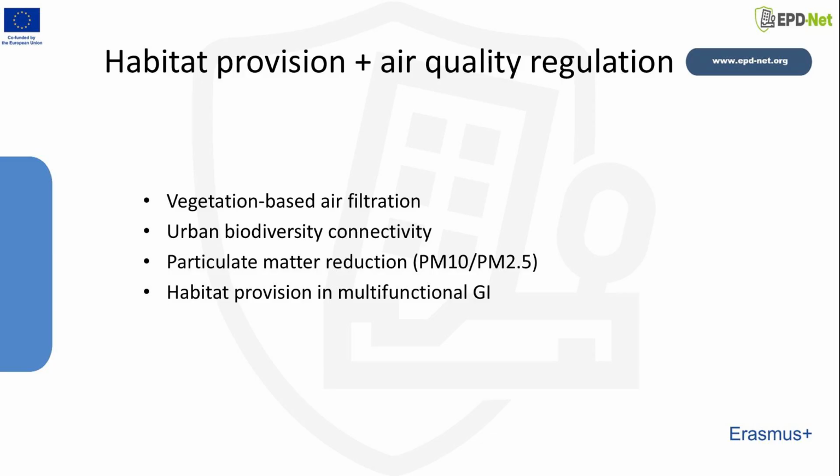At the same time, structurally diverse vegetation supplies nesting sites, food resources and ecological connectivity for birds, pollinators and small mammals, strengthening species richness in urban settings, Beninde et al., 2015.